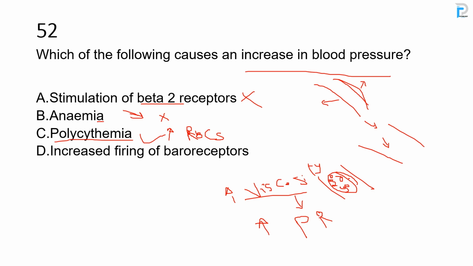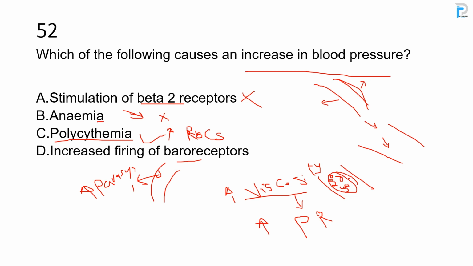Option D, increase the firing of baroreceptors. Baroreceptors are the stretch receptors which are sensitive to changes in the blood pressure. These receptors are linked to the parasympathetic nerve, so an increase in the firing of these receptors will increase parasympathetic activity.